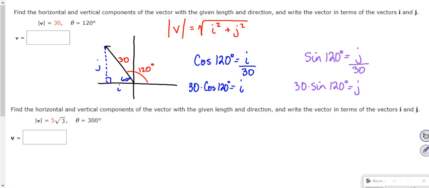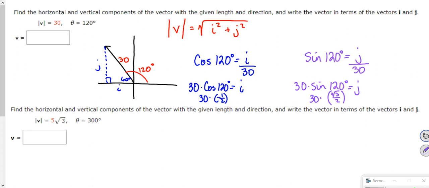When we poke this in here, cosine of 120 is -1/2. Sine of 120 is √3/2. You can just poke that in your calculator.